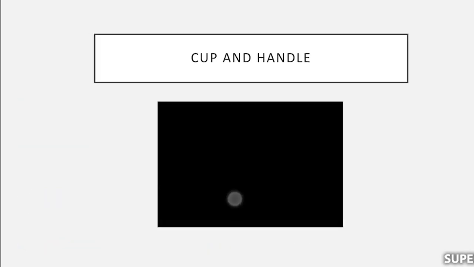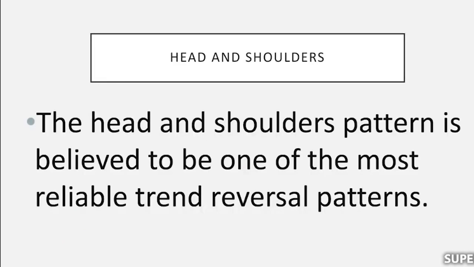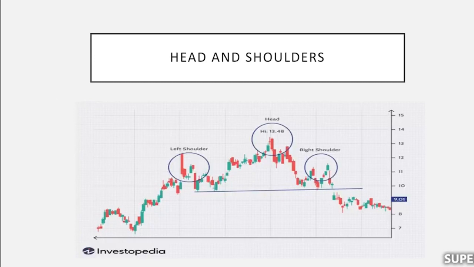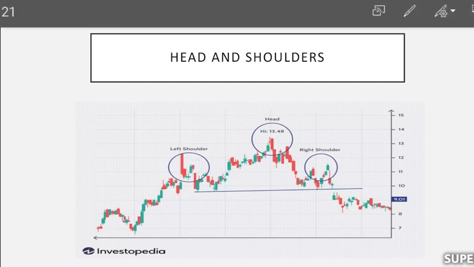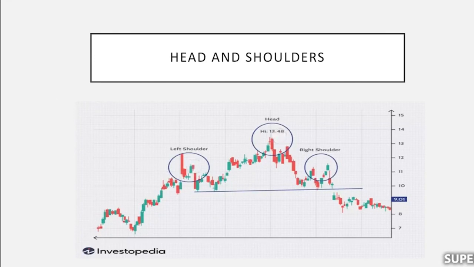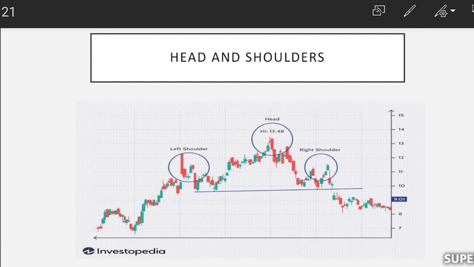Okay, so let's move towards head and shoulders. This is one of the most reliable chart formations and is considered a trend reversal pattern. It's like a human head and shoulders. Here you can see the left shoulder, then this is the head, this is the right shoulder.